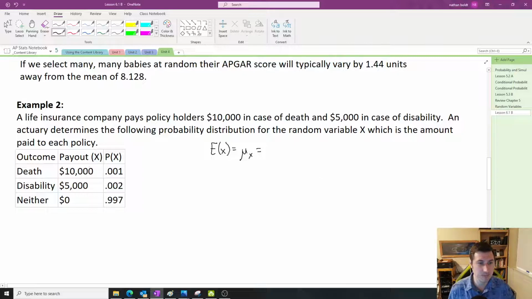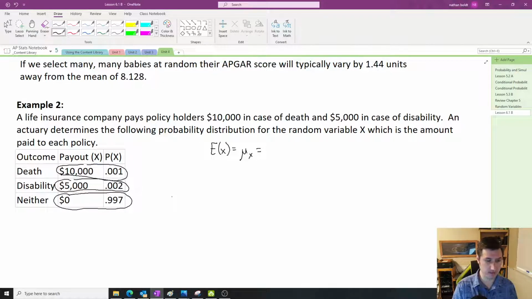All right, so first, if we're going to do this, I don't have the average value, so I do need the average or the expected value of X. Remember, that is the same as the average value, the mean of X. So we simply multiply each of these together, the value of X times its probability, and we add them together. So I'm going to do that real quick. 10,000 times 0.001 plus 5,000 times 0.002.